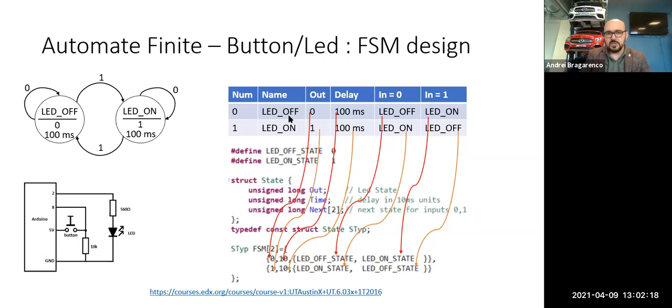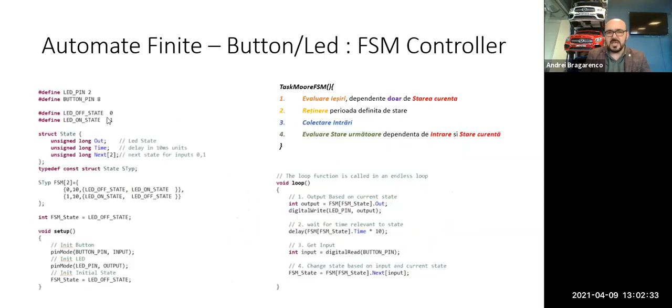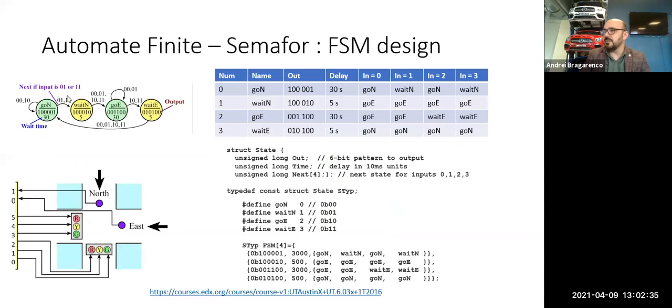Here is the transition. Okay, first transition, second transition, and convert it to this table. Number of the inputs, number of the states, number of the outputs. Same here. Convert this diagram to the table.